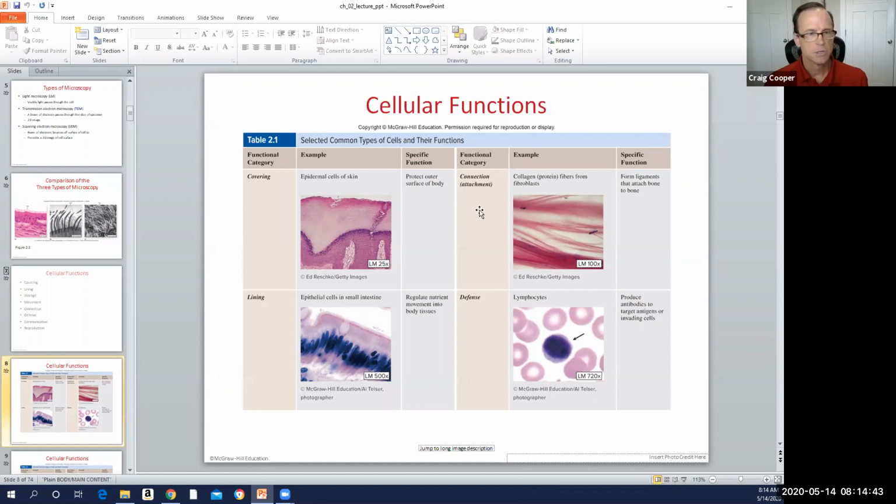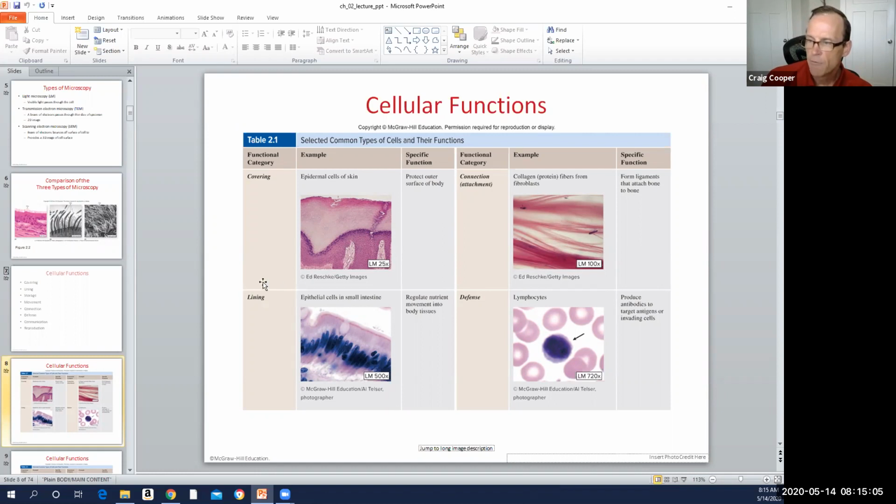We also have connections like an ACL ligament, or an elbow ligament that helps keep our humerus attached to our ulna, and tendons that attach the contraction part of the muscle belly to the bone where it links in. So those are all examples of connective roles that cells might play.